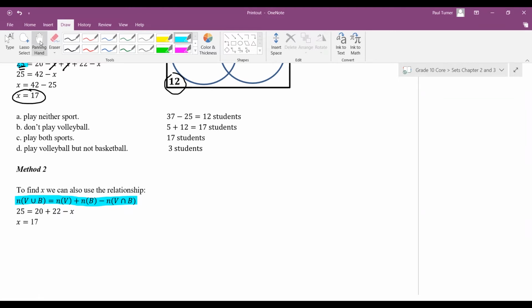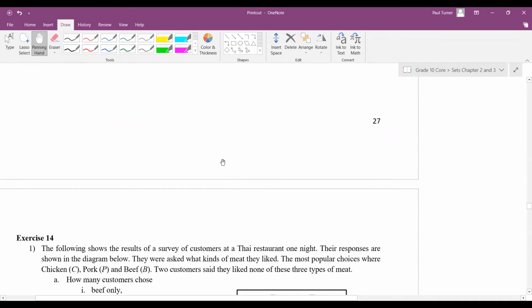In this particular question, we can use it to find x here. That was the number in volleyball, the number in basketball, minus the number in the intersection, which we don't know. And we know 25 from the question. So when you rearrange, you get 17. So you can do it that way as well if you want.